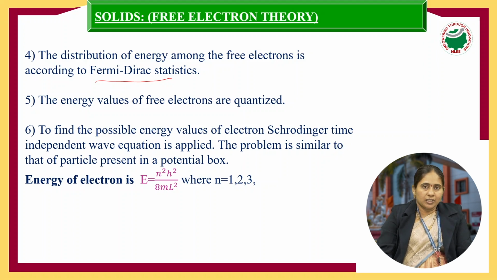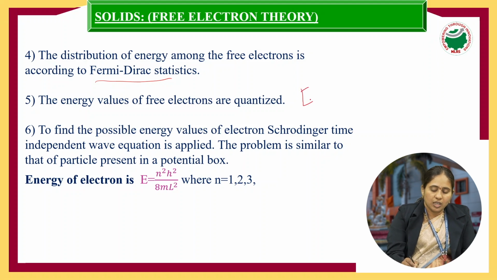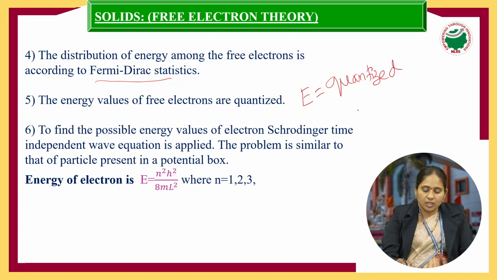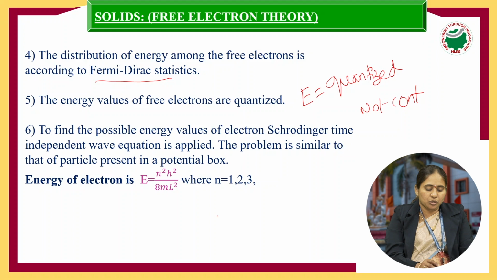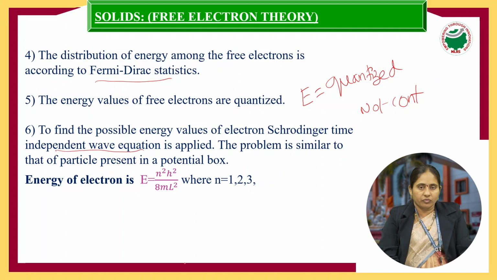In quantum free electron theory, the energy of the electron is quantized. Quantized means the energy has only discrete values, not continuous values. Next, the possible energies of the electron come from the Schrodinger time-independent wave equation.